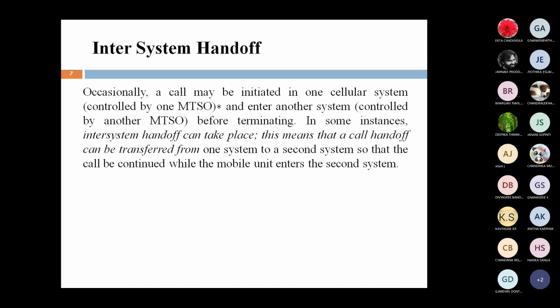Assume we are registered customers in the AP Telecom circle, and now we are temporarily moving to the Karnataka telephone circle. Your database temporarily moves from MTSO Andhra Pradesh to MTSO Karnataka. This is called the inter-system handoff.